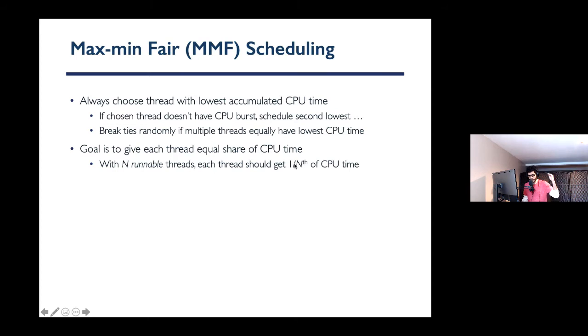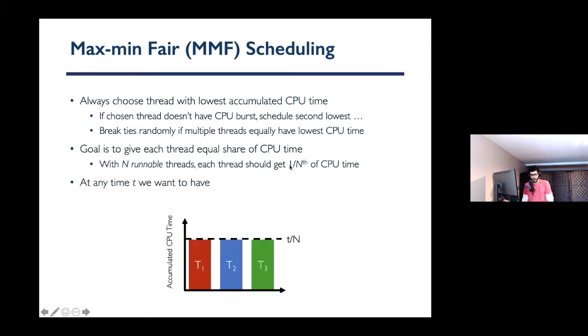So you will start giving it to the others until everybody is the same. Then you go back, and it kind of becomes like round robin. So basically, if you implement this scheduling, at any given time t, everybody gets t divided by n. Very similar to round robin.